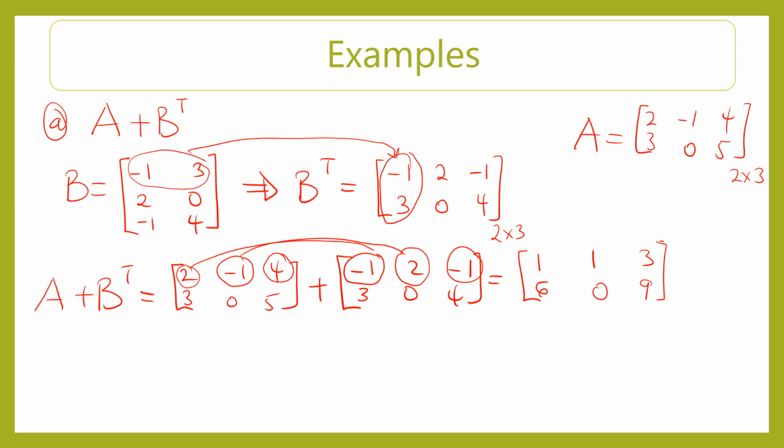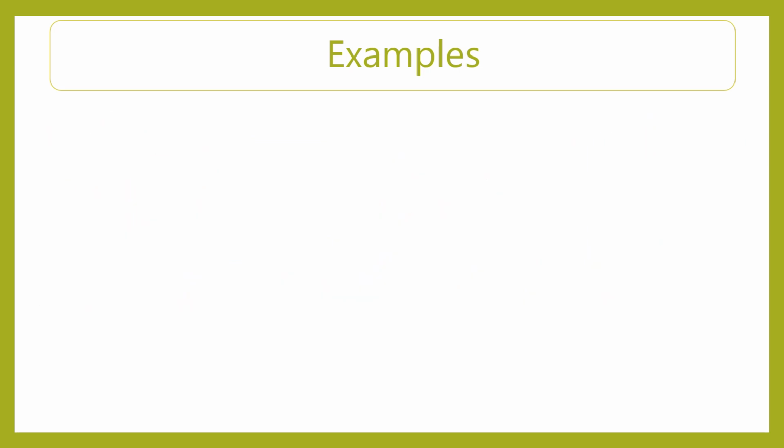All right, so let's go into the second question. Question B asks us to find A times B plus D. So we need to be careful here. First, what is A, what is B, what are their sizes, and how are they compatible for multiplication.